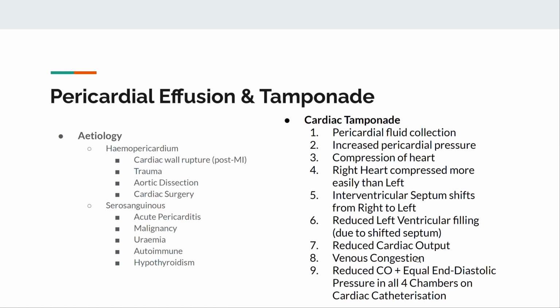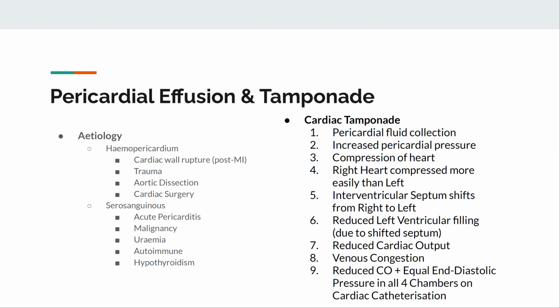As well as that, because there's this pressure pushing down on all the chambers, there'll be an equal end diastolic pressure across all 4 chambers on cardiac catheterization. So when you float a Swan-Ganz catheter, that's like a little pressure sensor that you put into the pulmonary artery, typically, to check pulmonary capillary wedge pressure. As you're pushing that in, the characteristic pressures of the atria and the ventricles is basically that the ventricular pressure during diastole is 0.